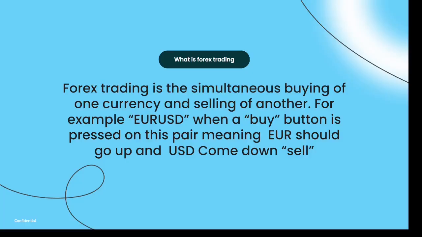So for instance, when you take the EUR/USD, which is the euro and the United States dollar, when you are buying, that means you are buying the euro. You are saying that the euro economy should go up. That is what you are anticipating, or that is your bias.